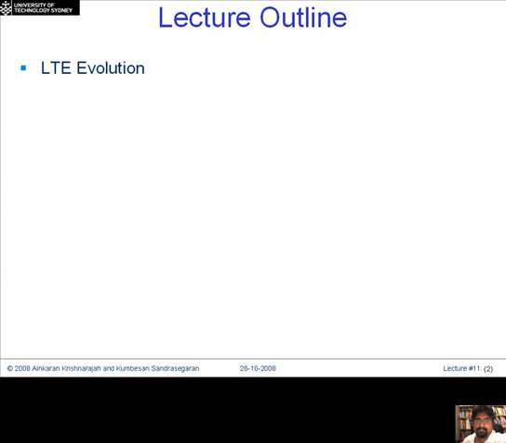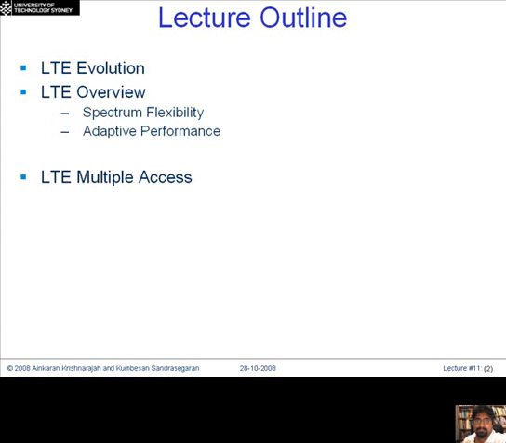Well, we're going to first start off by looking at the evolution towards LTE, and then an overview of LTE. Okay, one of the important features that LTE offers is something called spectrum flexibility, and we'll have a look at that. We'll also have a look at how LTE can adapt its performance to the state of the physical layer.